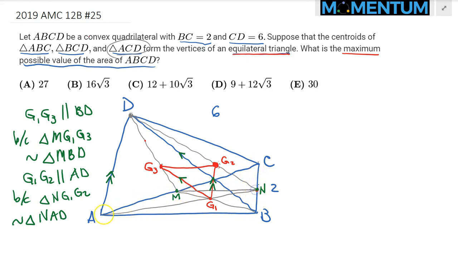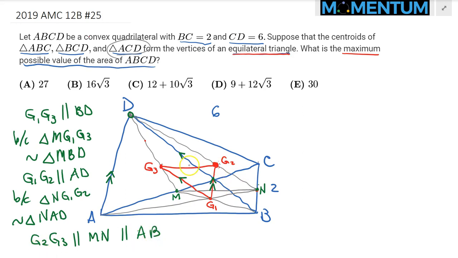As a result, MN would be parallel to AB as well. I'll leave the details to you, but that's pretty much the idea.